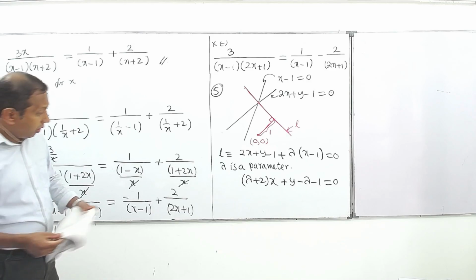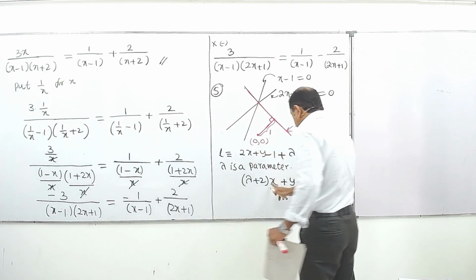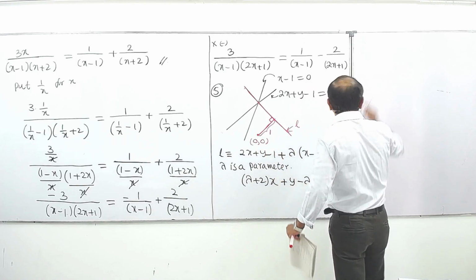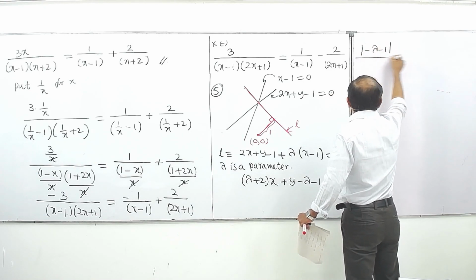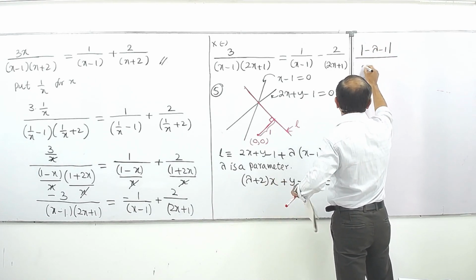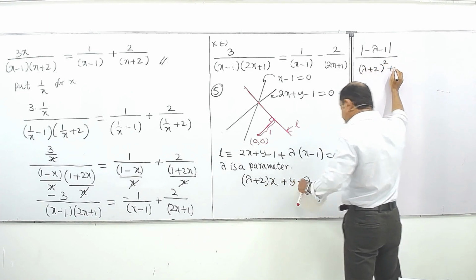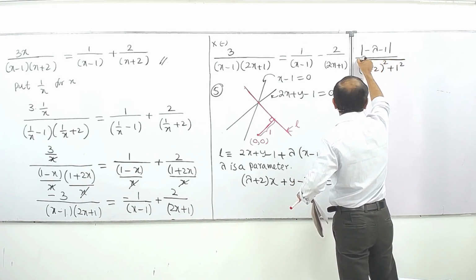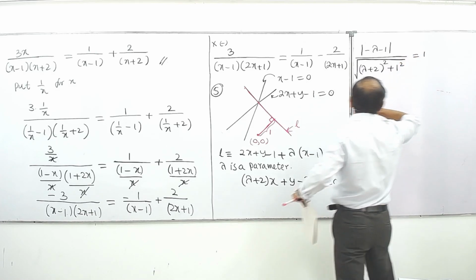When I put 0 and 0, we get only minus lambda minus 1 inside the modulus, divided by the square root of (lambda plus 2) squared plus 1, is equal to 1.